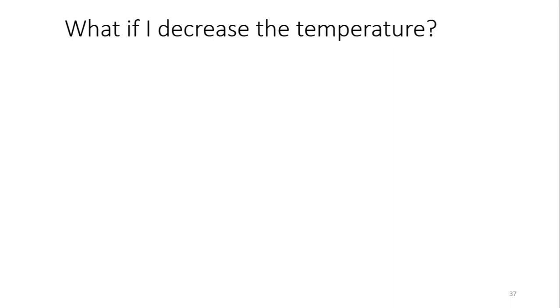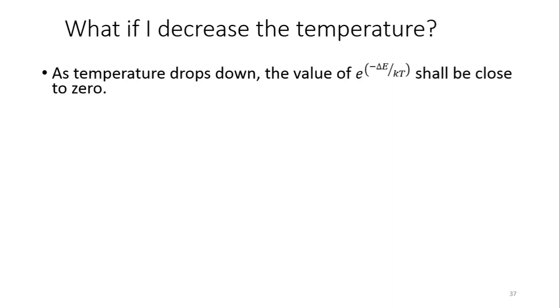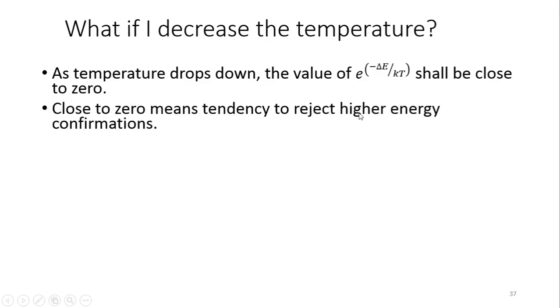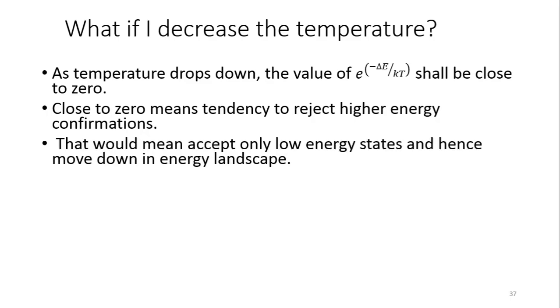Now let us think of another scenario, when we decrease the temperature instead of increasing it. As the temperature drops, the value of the term e raised to minus delta E by kT shall be close to 0. If it is close to 0, that means there is a tendency to reject high energy conformations.